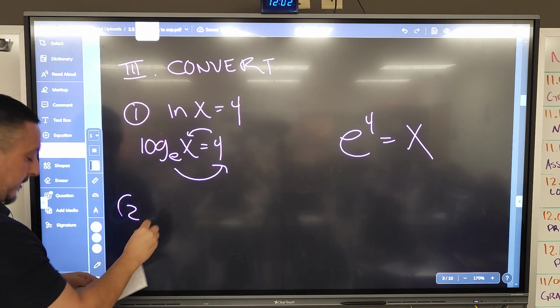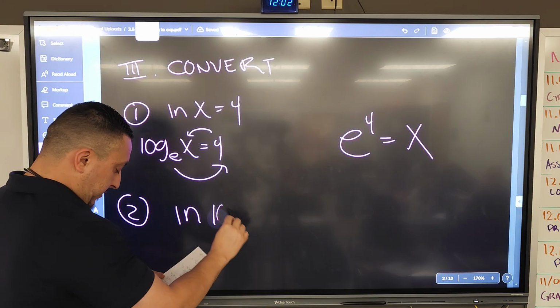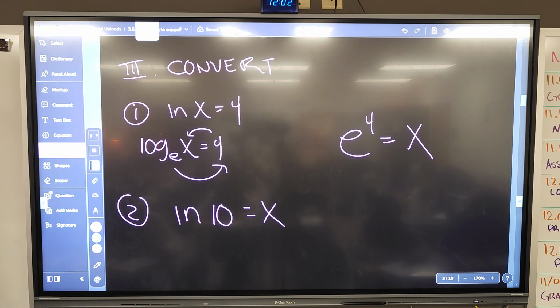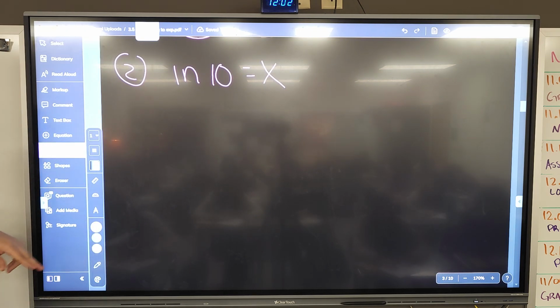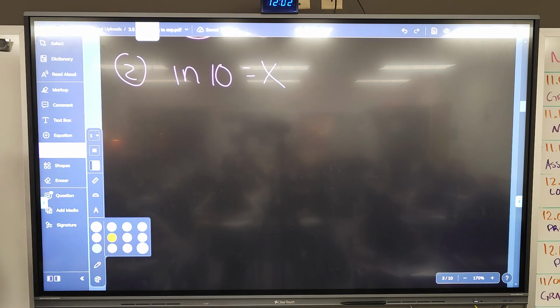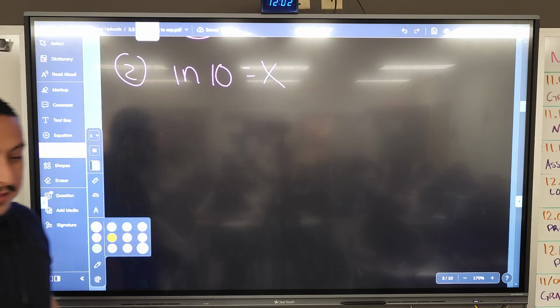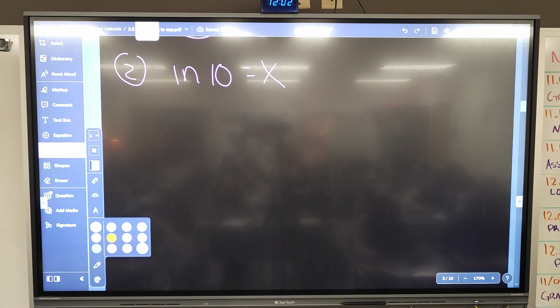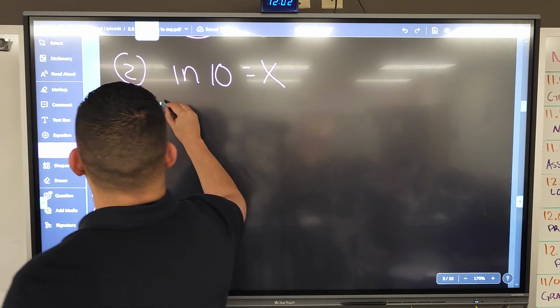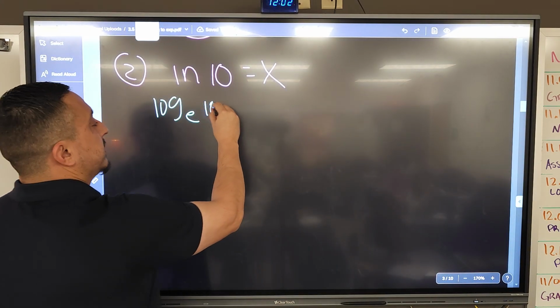Okay, try this one similar to that one just to make sure we got it down. Okay, so here we go. ln is really log base e of 10.